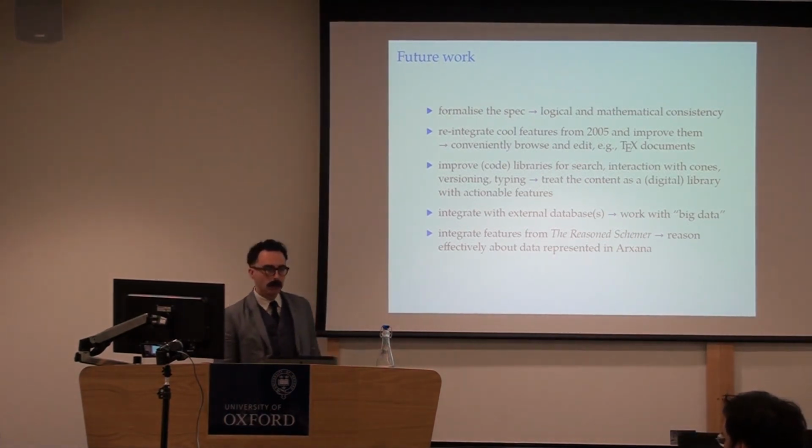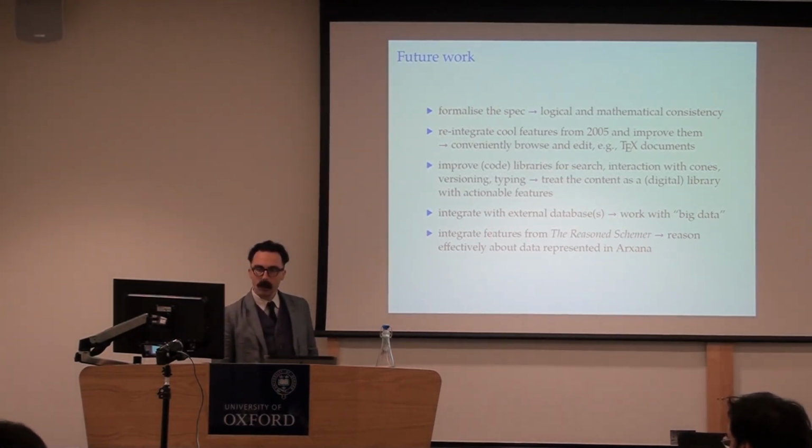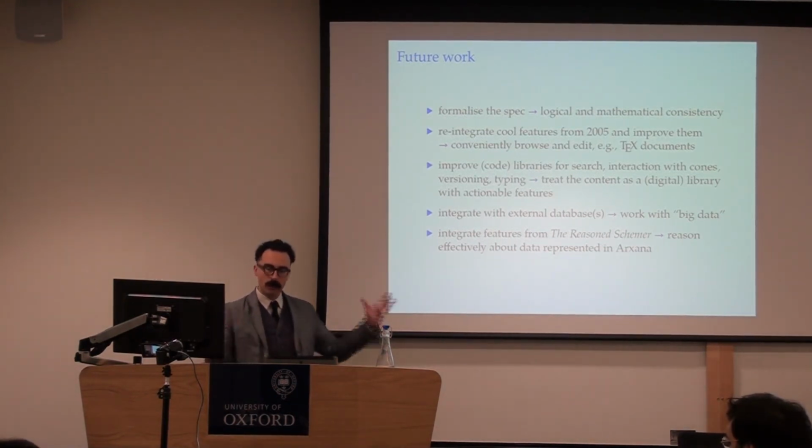So there have been these different versions, and one of the slow-going projects is to integrate all of the old features. We've designed and spec'd out some code libraries for things like searching and interaction with these cones, versioning, typing, and all of this stuff, all these great features would allow us to basically create an actionable digital library.